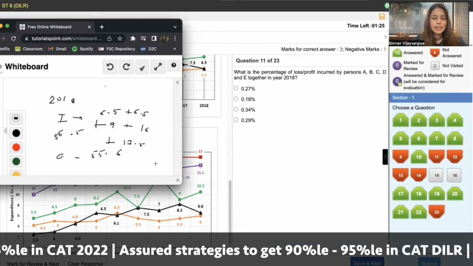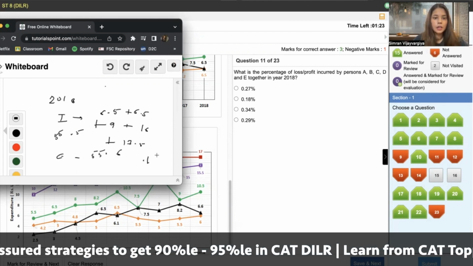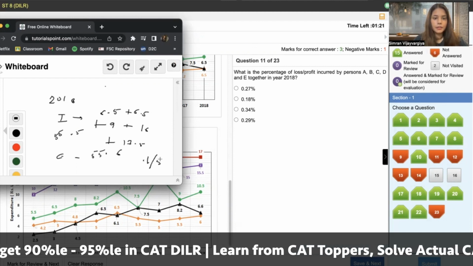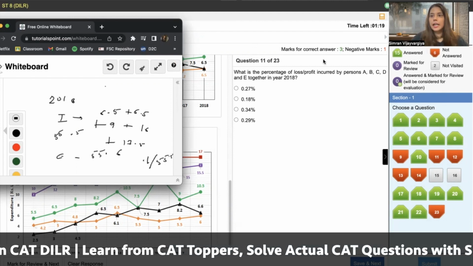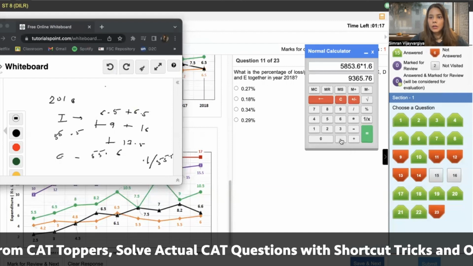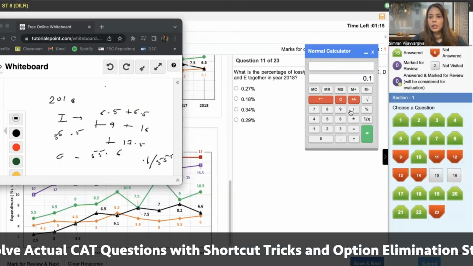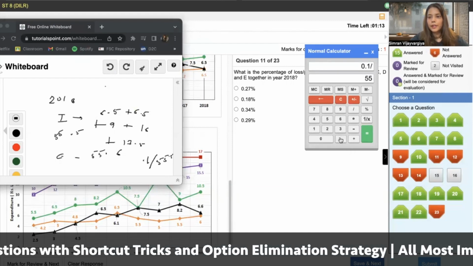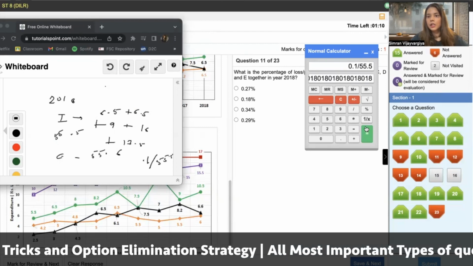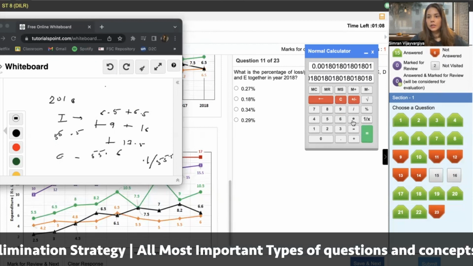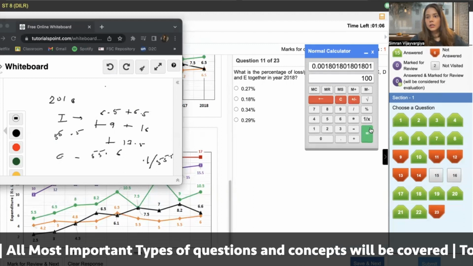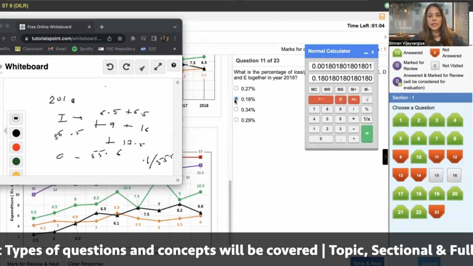So the loss percentage is 0.1 divided by 55.5, into 100. I'll use the calculator. So that is 0.18%. Great.